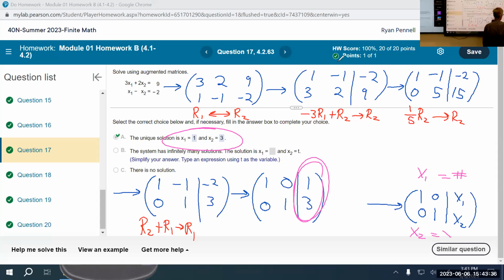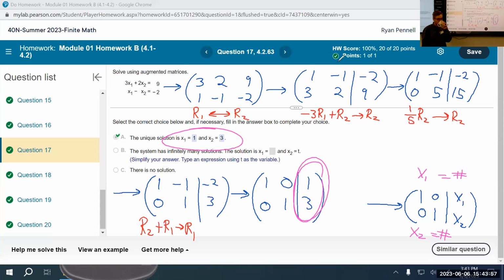That's the idea. So 1x equals this number, 1y equals this number.